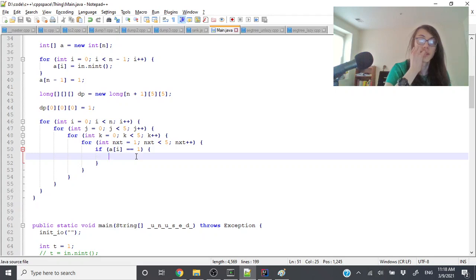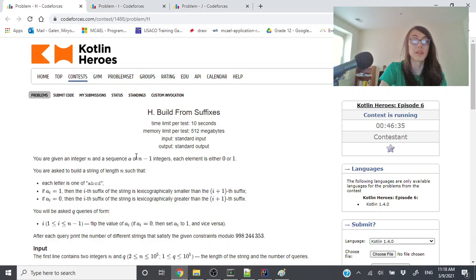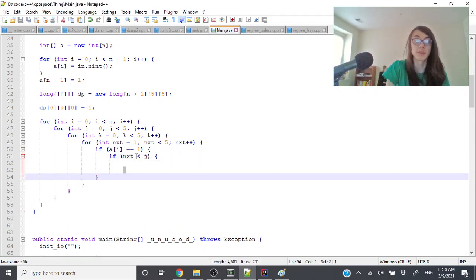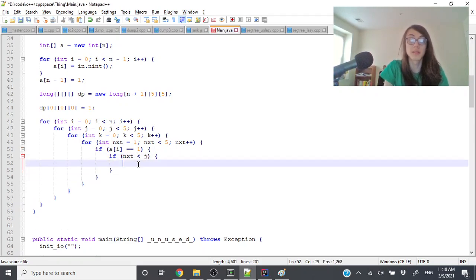If a is 1, then next has to be less. So if next is less than j, that's the thing we get, then dp i plus 1 next j plus equals dp i j k.